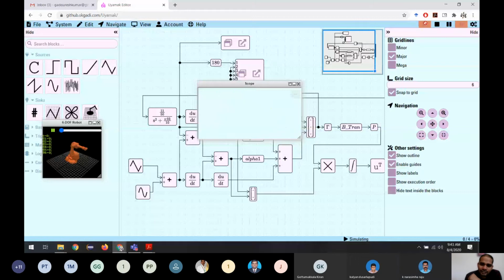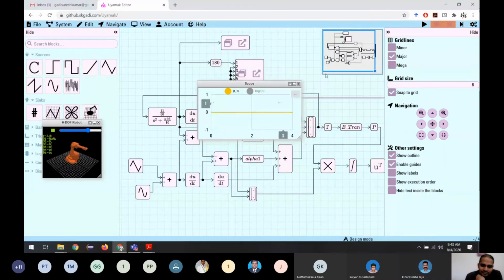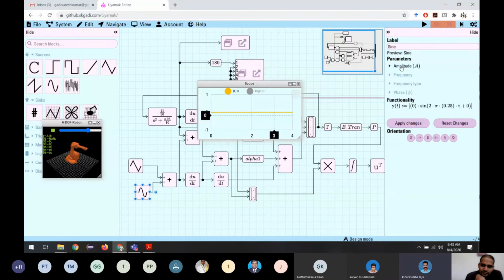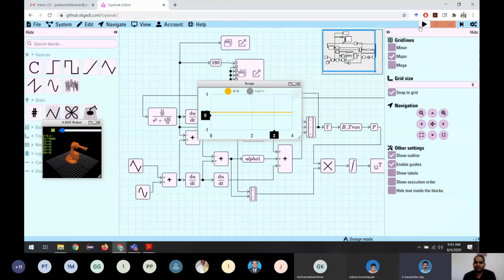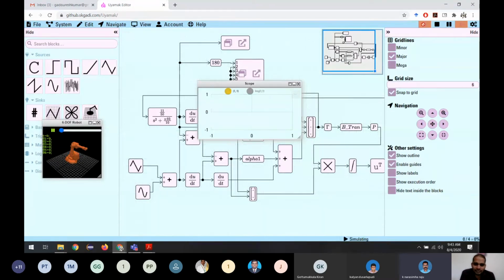But let us see if the controller can handle this or not. If you give a triangular wave, I think it's unable to calculate. There is some error in the calculation, because as per the algorithm, the first and second derivatives must exist.